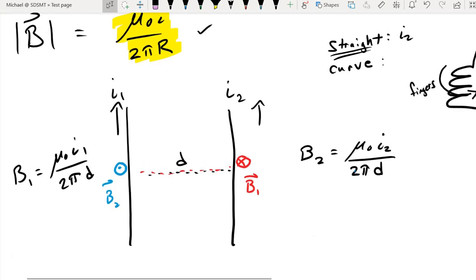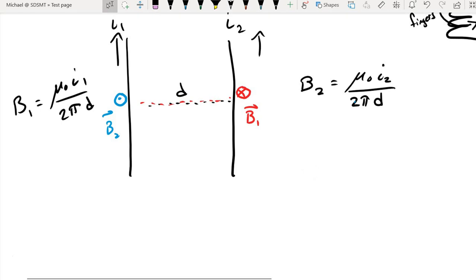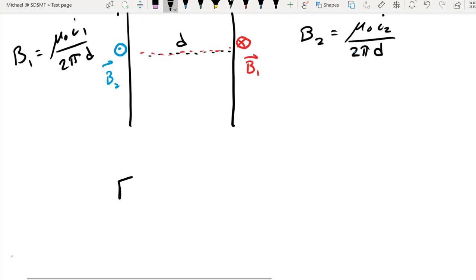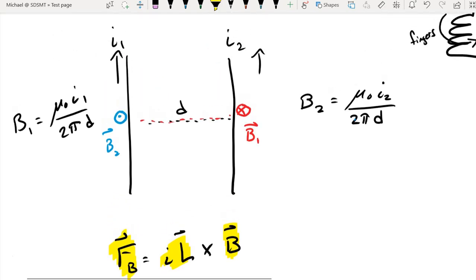And once we have a current that comes under the influence of some outside magnetic field, we can apply one of our cross product relationships that says anytime we have a current traveling along some length L and that current is passing through a magnetic field, there will be a force that acts on that current, or in this case a force that acts on the wires.